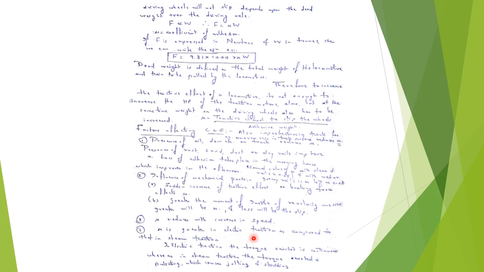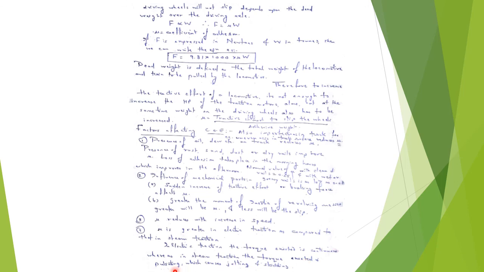Because of that, the coefficient of adhesion is greater in electric traction as compared to steam traction. Also in electric traction, the torque exerted is continuous. That is why the coefficient of adhesion is better in electric traction as compared to the steam engine drive, where the torque is not continuous.